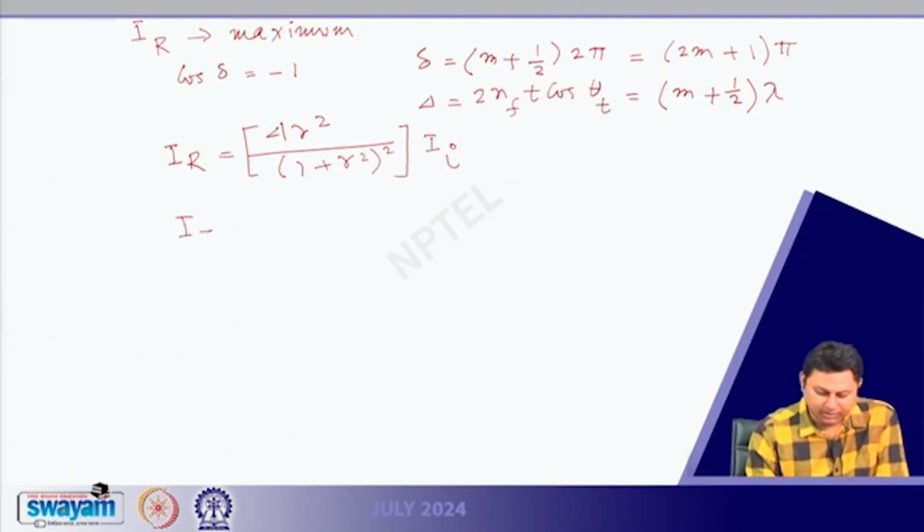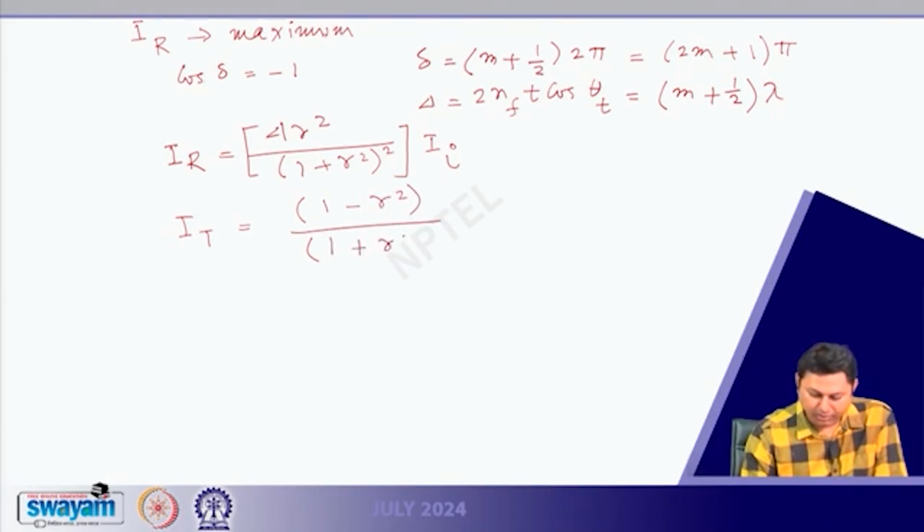Similarly, the transmitted intensity will be (1 minus r squared) divided by (1 plus r squared), squared, times II.